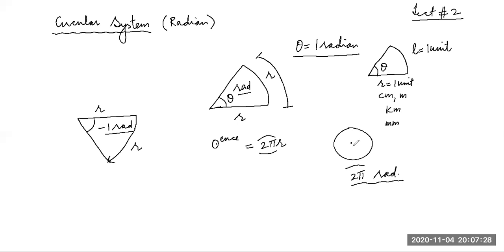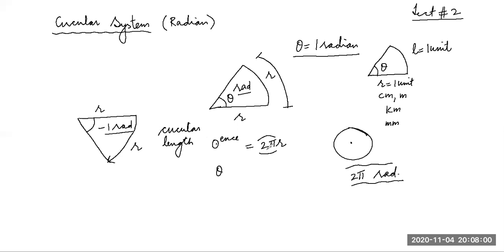I repeat, the complete circumference of the circle subtends an angle of 2 pi radians at the center. Now this circumference is the circular length, or the length of the arc, when the arc becomes a complete circle. So 2 pi is the angle.